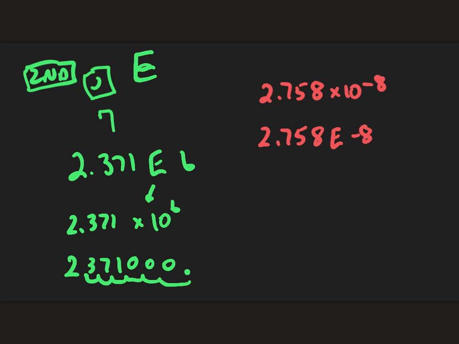And you have to translate that as 2.758 times 10 to the negative 8, which means you have to move the decimal point 8 places to the left. 1, 2, 3, 4, 5, 6, 7, 8. And so we would have 7 zeros, then 2758. This is the number in standard form.